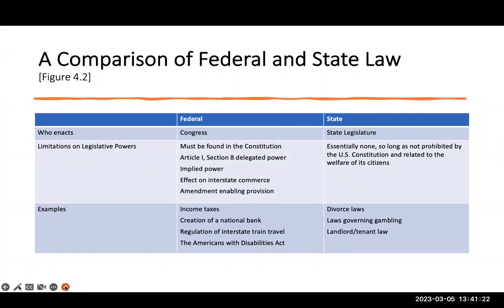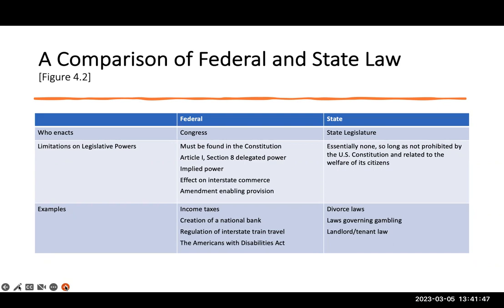Figure 4.2 of the textbook compares federal and state laws, and the chart shows the difference between who enacts the laws on each side and provides examples. For instance, in the federal law, the Congress enacts laws.